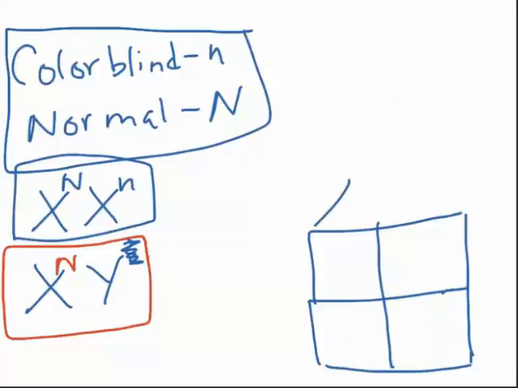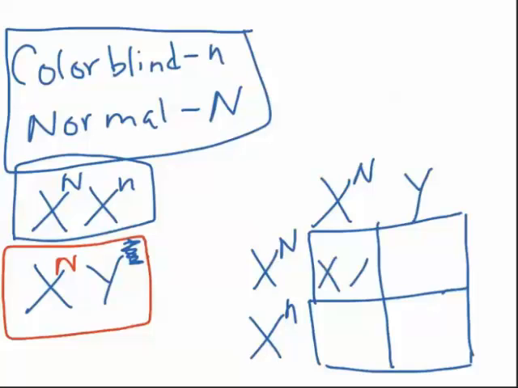So when I write the dad, I'll write it just like that, where I have an X and his 1 N and his Y. And then for the mom, I have to have her 2 X's, her 1 big N, and her 1 little n. And then I have to fill it in.